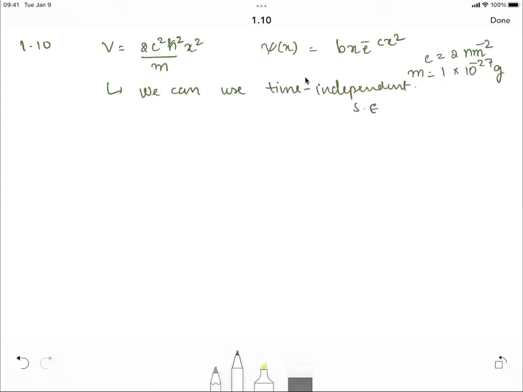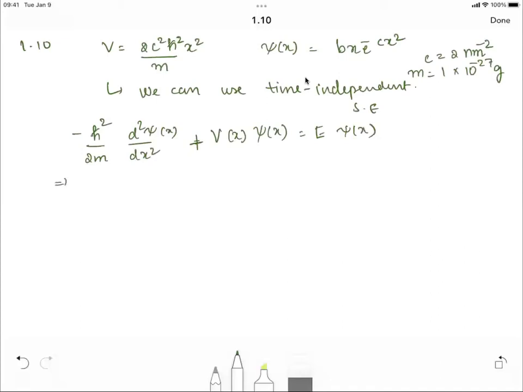And the time-independent Schrodinger equation is this. It's time-independent, so this would be the equation.